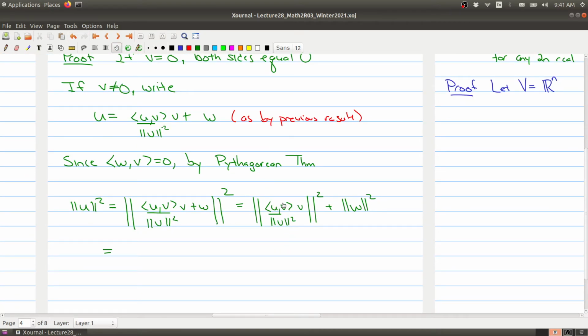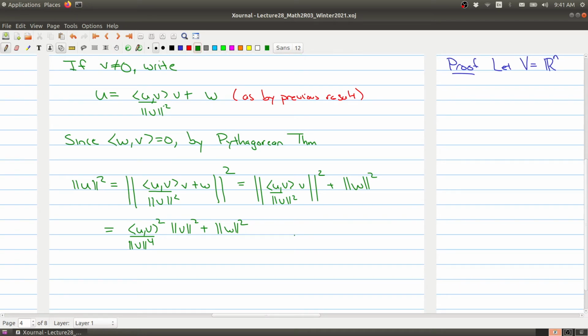And now using the fact that this is a constant, when we pull it out, we get the inner product of u and v squared over the norm of v to the 4th. Because remember, when we pull out this constant, we have to square it. And so we get the norm of v squared plus the norm of w squared.